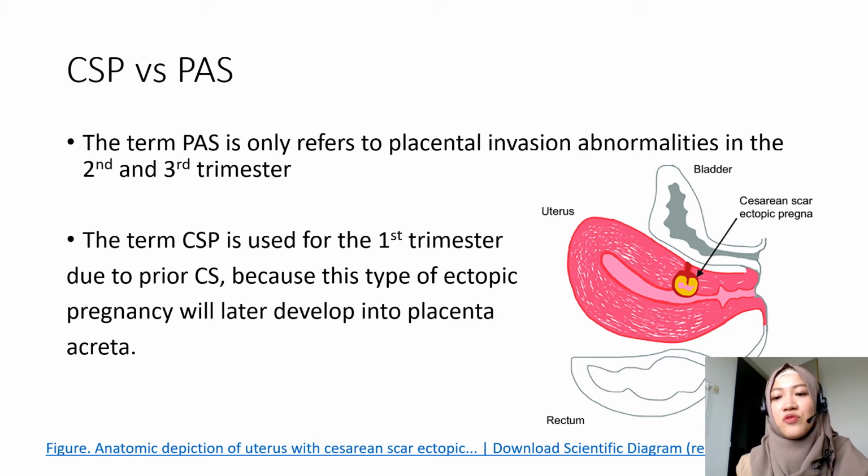So as long as you find the abnormality in the first trimester, you call it CSP, and it will grow and have a risk of later developing into a placenta accreta. But whenever you find the placenta already invading in the second and third trimester, you use the term PAS.